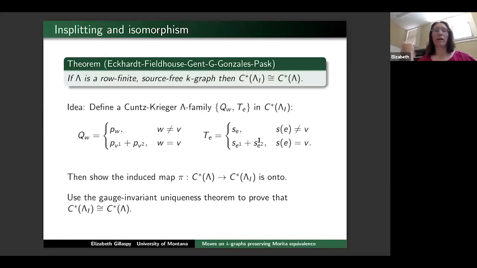Once you've written down the move and made sure that it's still a K-graph, it's fairly immediate to see what the new representation of your old K-graph is. Then you use the gauge invariant uniqueness theorem to tell you that this representation is injective, and then you show that what you get isn't always an isomorphism, but it's a full corner in the other cases.